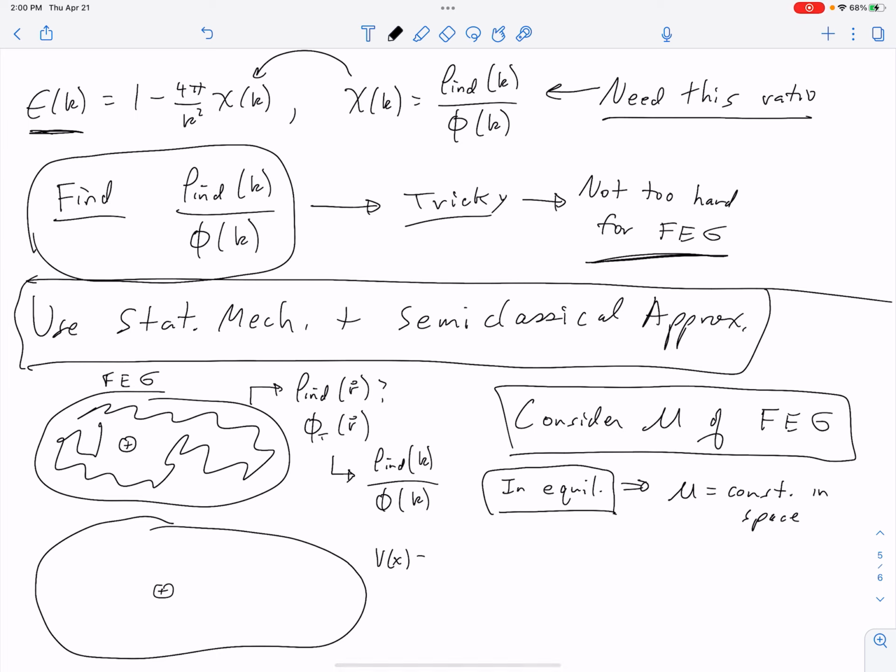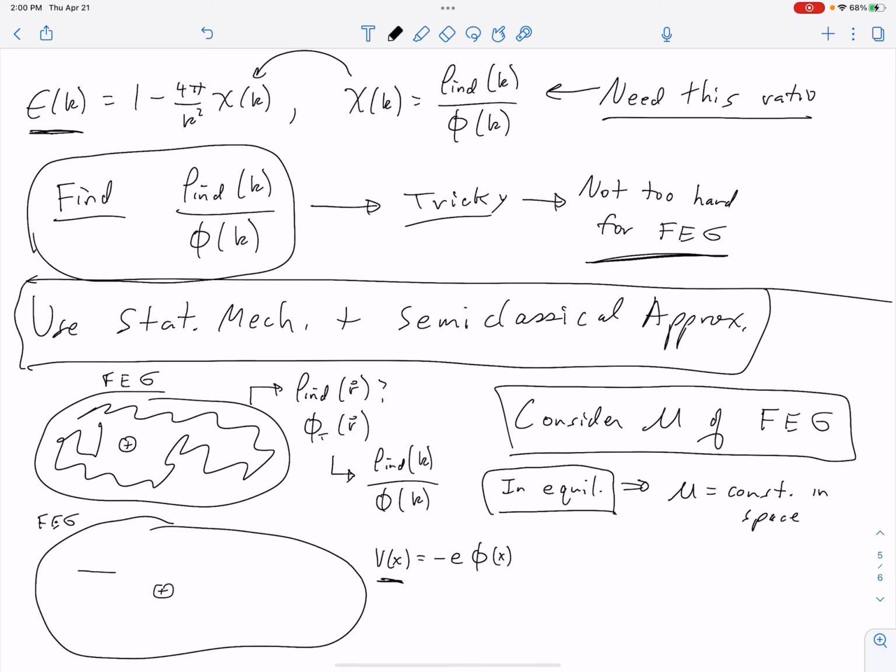We know that the potential V of x that an electron feels is the charge of the electron times the total potential, phi of x. So let's draw V of x in my free electron gas.